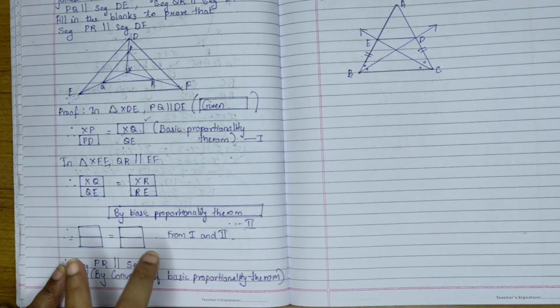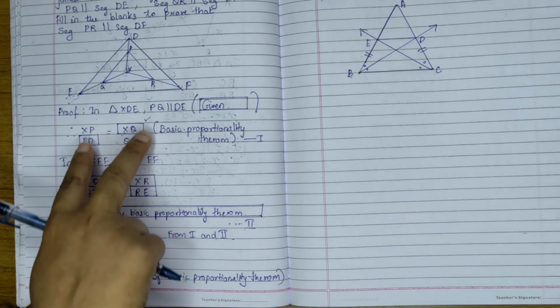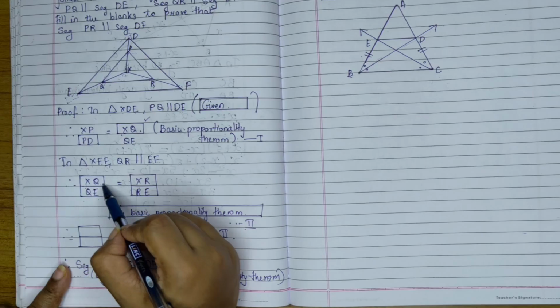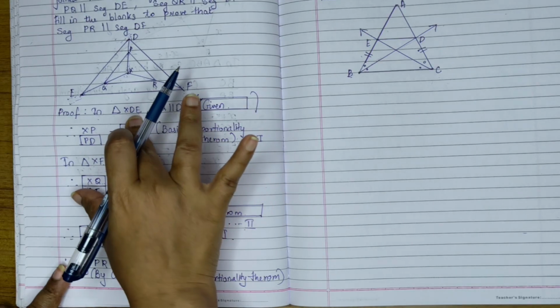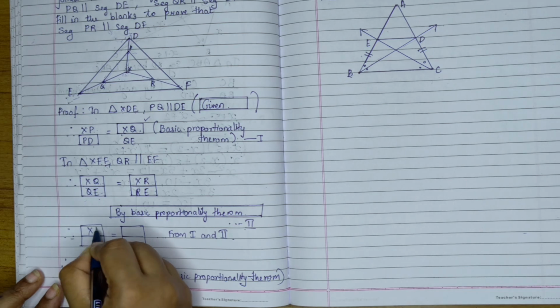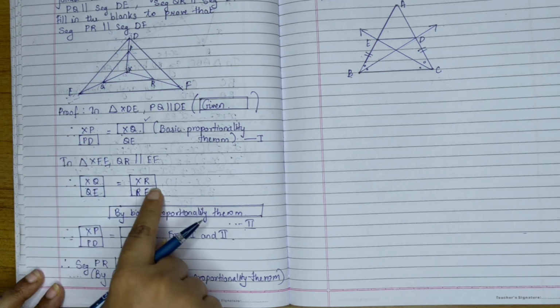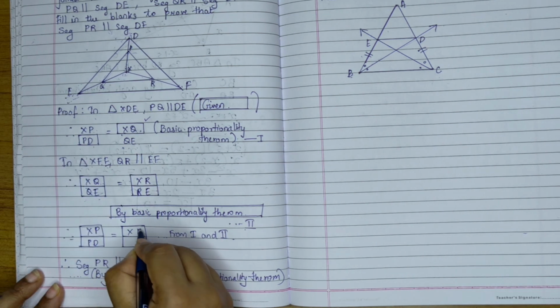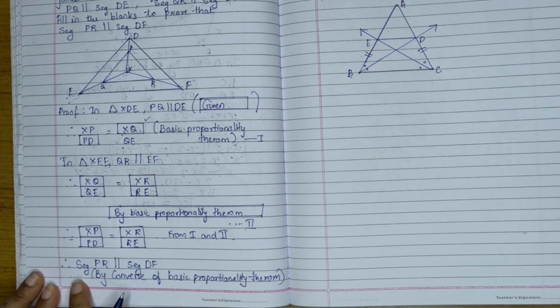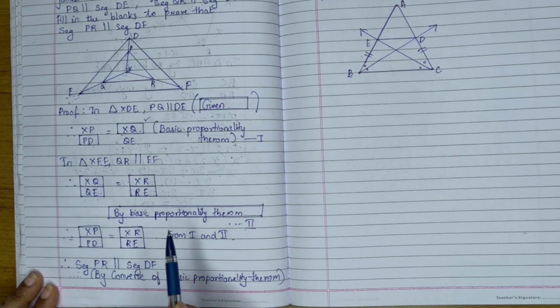From the first and second, we get XP upon PD is equal to XR upon RF. Understood? So therefore segment PR is parallel to segment DF, by the converse of the basic proportionality theorem. So we have finished the 10th one.